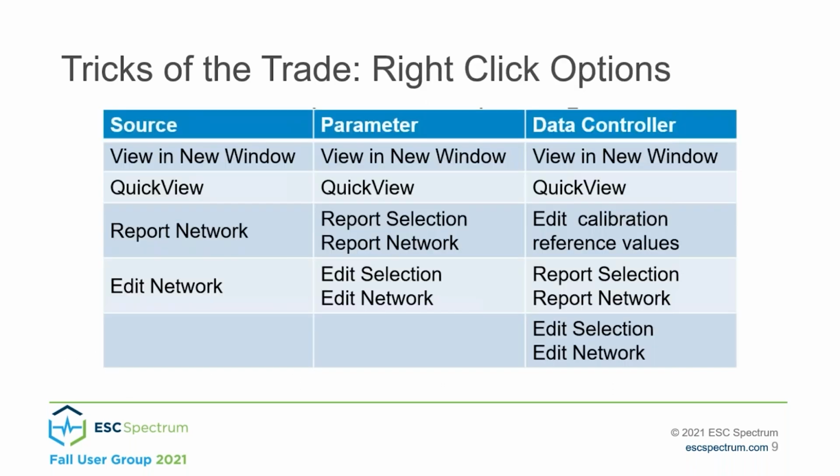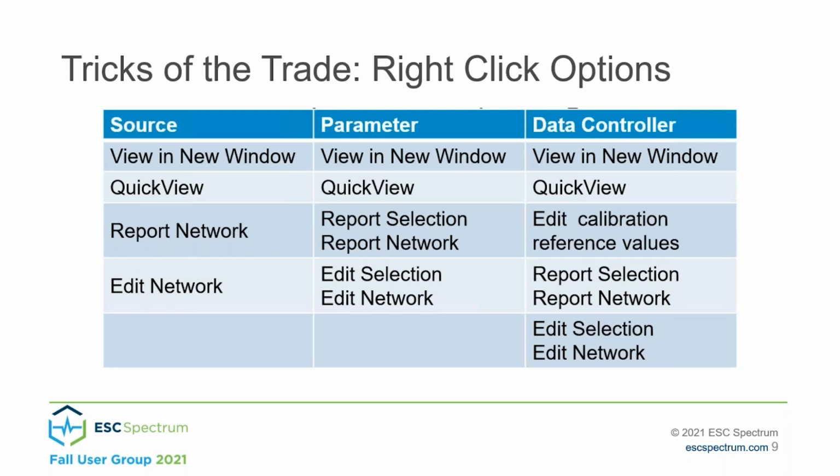Speaking of reports, reports is another option that you can select when you right-click an object. Notice it is one of 5 or 4 options when you right-click an object. The right-click options change depending on the object that you select.